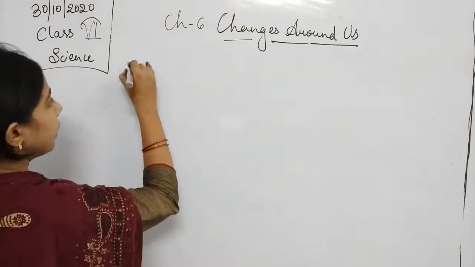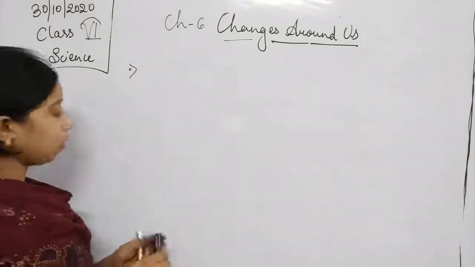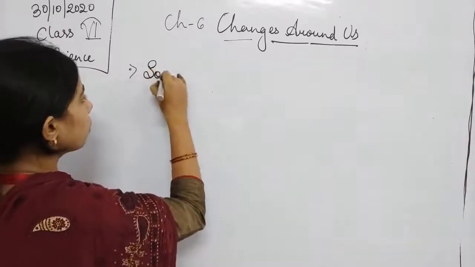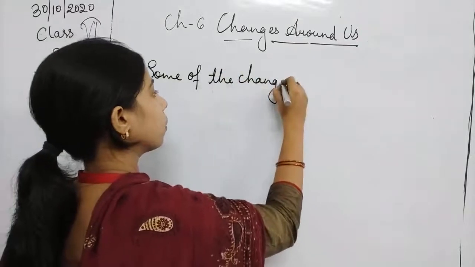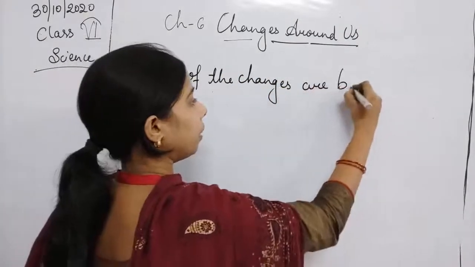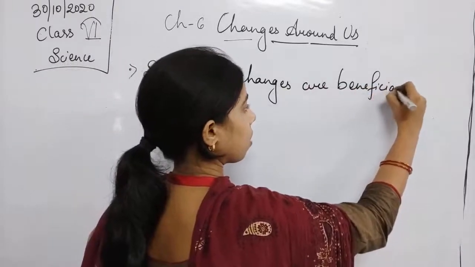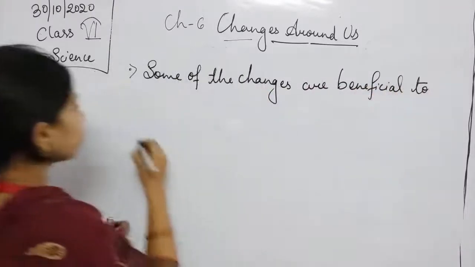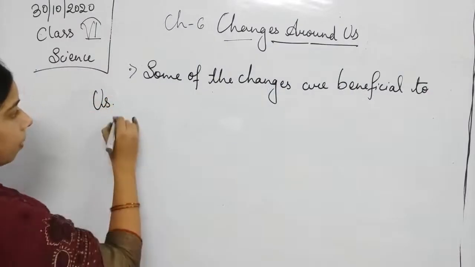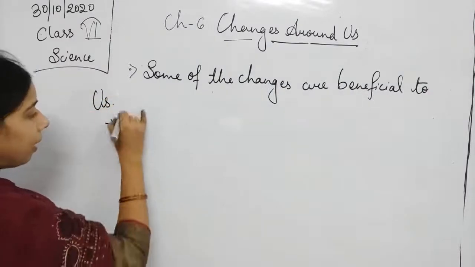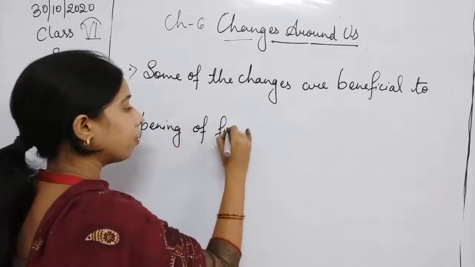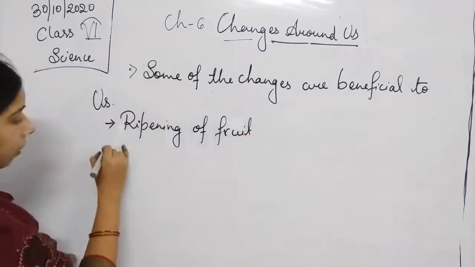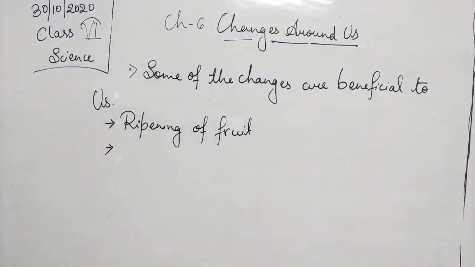So we can say that some of the changes are beneficial to us. Like ripening of the fruit, it is very important for us. Then the next one, blooming of the flower, students.